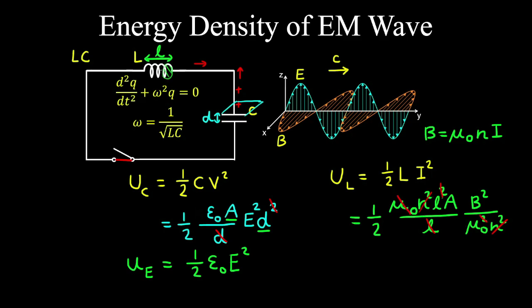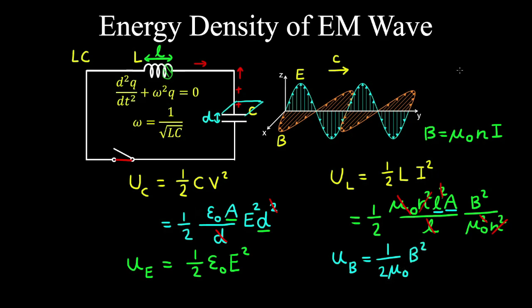And the cross-sectional area of the solenoid by the length is the volume occupied by the magnetic field. So dividing through by AL, we get the energy density of the magnetic field, which is 1/2 mu naught by B squared.